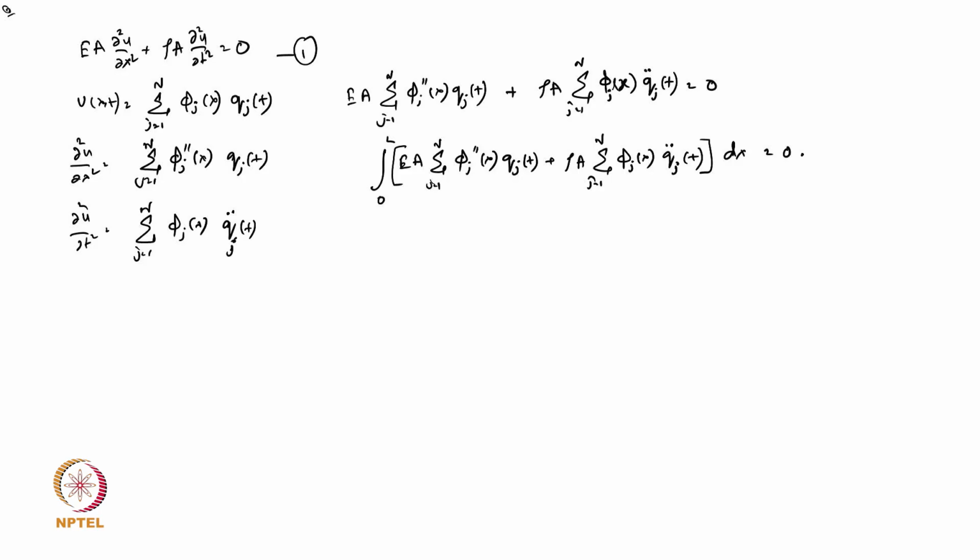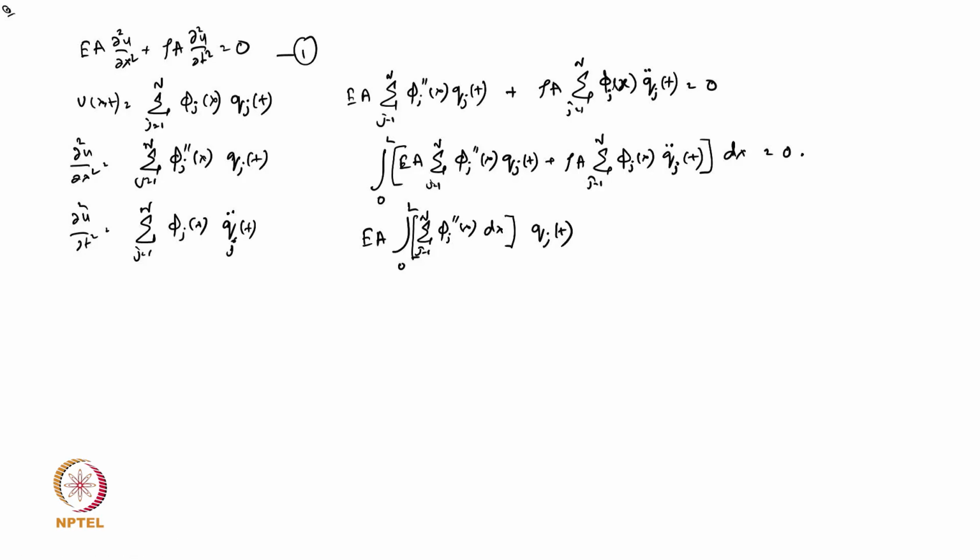Okay, makes sense. Good. So now if you do that integration over the domain, how are you getting the terms? EA is more or less a constant term. Suppose you just take it out, then what will be there? Integral 0 to L, summation of j equal to 1 to n, phi j double dash x dx, q j t.